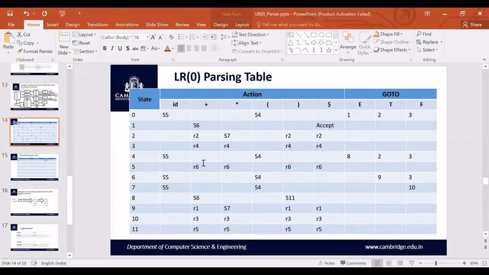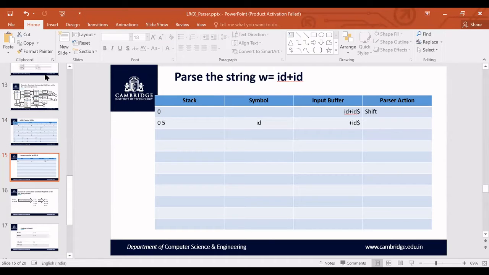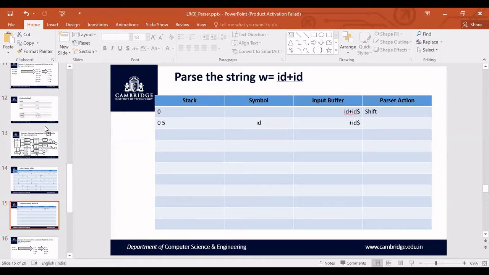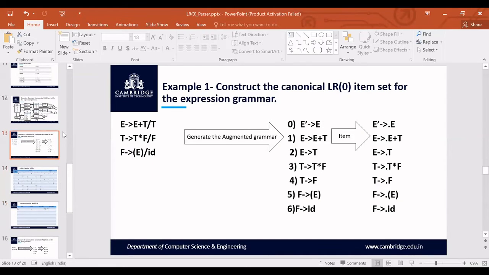5 on plus is R6. Okay, so what is R6? If you refer to this, I'll keep it closer. Okay, so R6 means production number 6, reduce by R6.